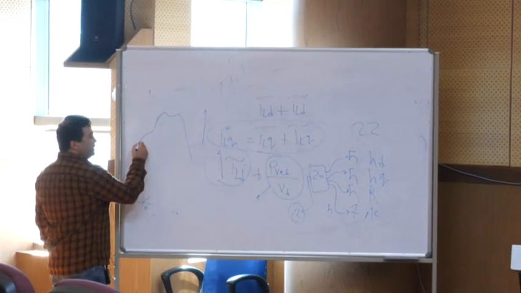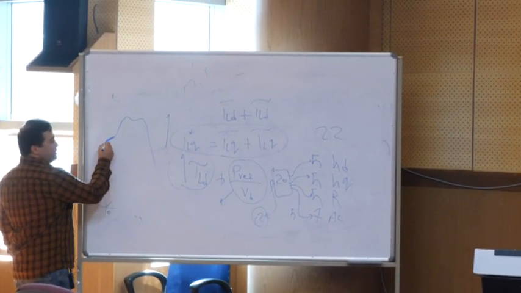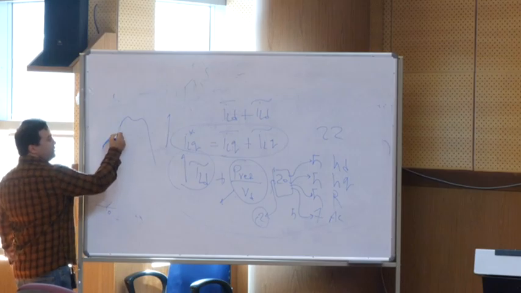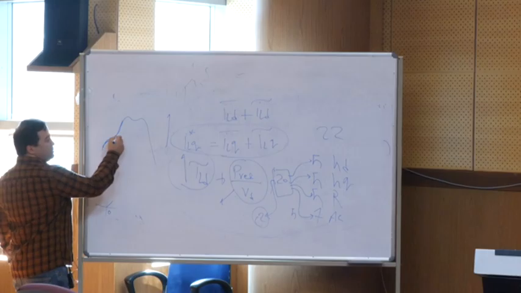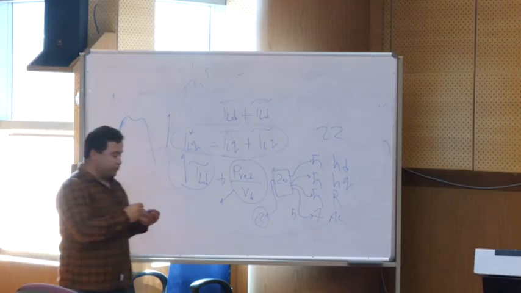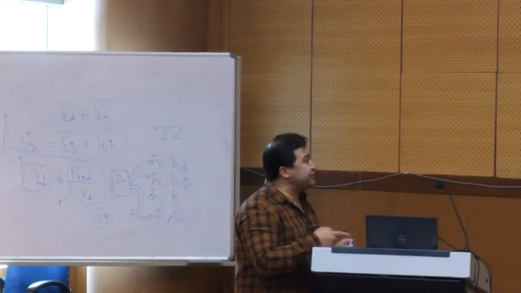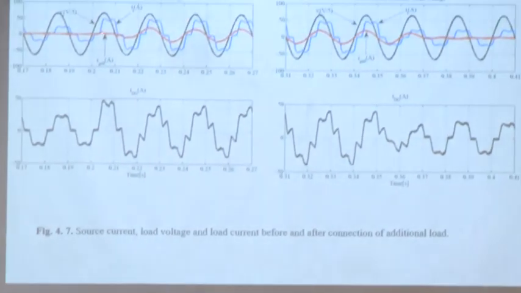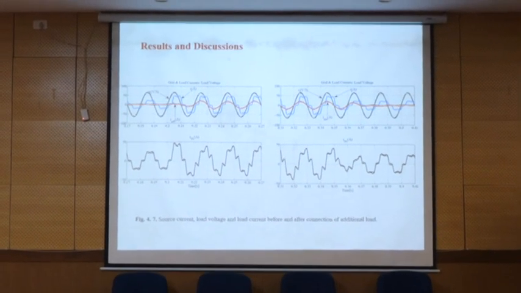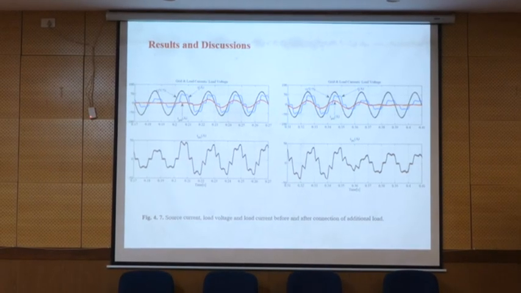The PI controller is expected to follow the reference current. When it reaches here, the direction of the reference current changes. So it goes like this and then goes like this. So this notch is happening because of this. And you see, when the direction changes, we have a notch. It cannot follow very well.